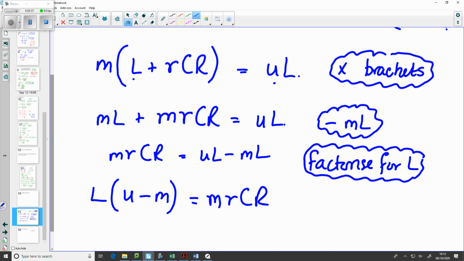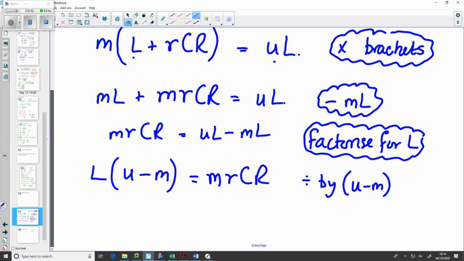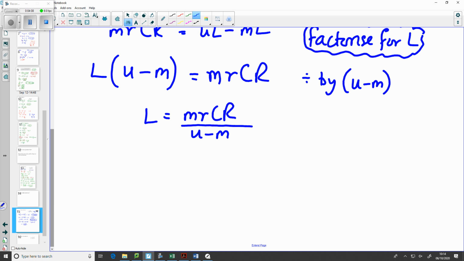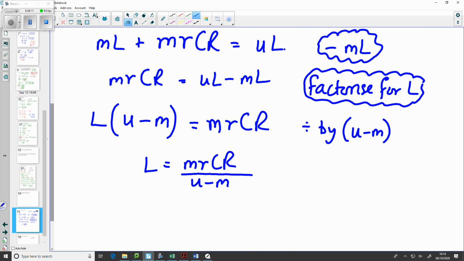And lastly, divide by U minus M. So we end up with L is equal to little m, little r, CR over U minus M. That's all there is to it. Everybody got that down if they want to? Yeah.